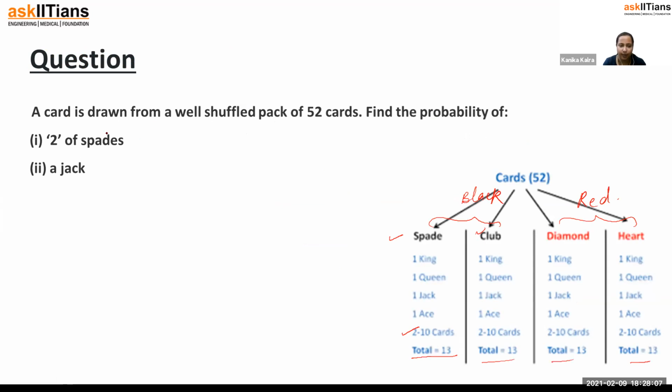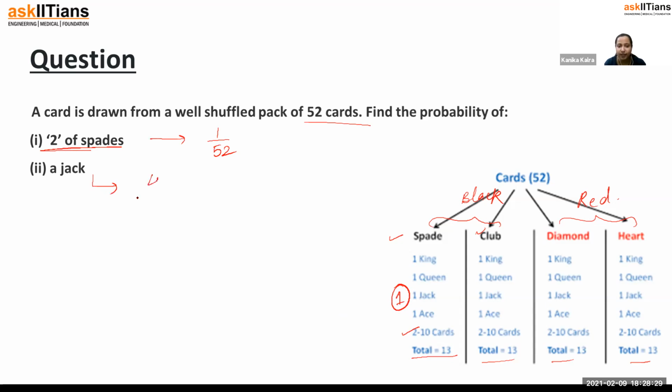Let's understand it by an example. Total is 52. You have to find out the probability of 2 of spades. So there is only 1 2 card in the spade, right? So this would be 1 over 52. And if we talk about a jack, jack could be from any of the 4 suits.